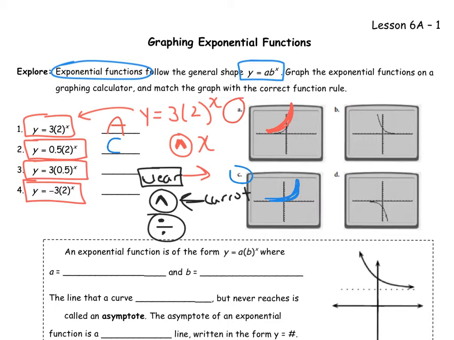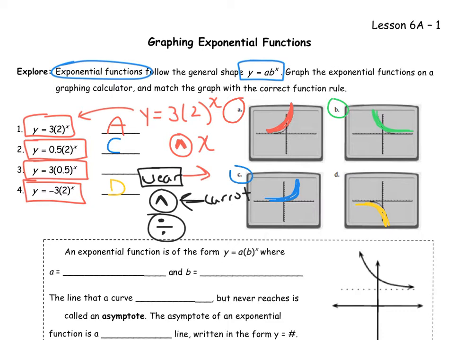Okay, for question 3, I found that to match letter B. So it looks something like this. And then for question 4, our last one would be letter D.